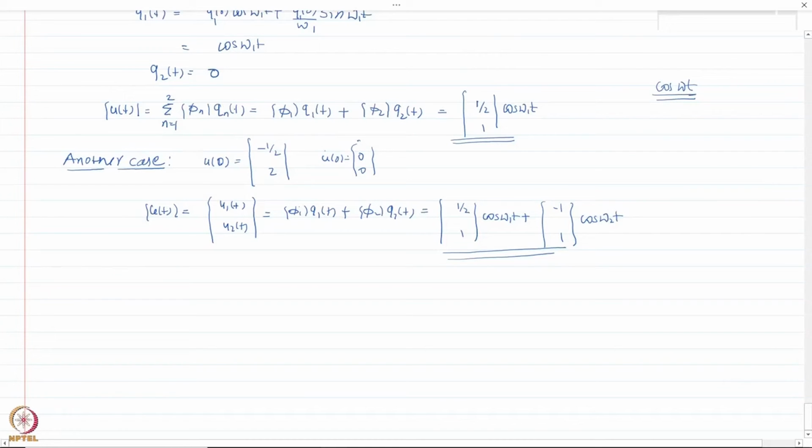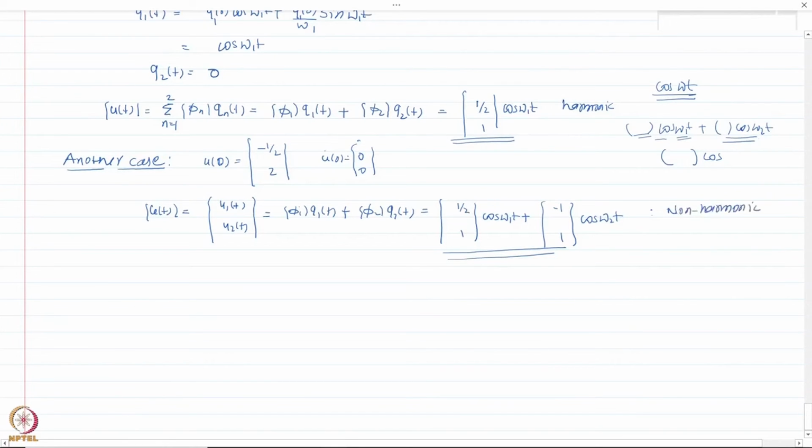However, in the second one, I have some vector times cos omega 1t plus another vector times cos omega 2t. So this is not a harmonic variation because I have two frequencies and it cannot be written as some constant times some cos or sine variation. Had omega 1 and omega 2 been equal to omega, then I could have done that, but not in this case. So in the first case the response is harmonic, whereas in the second case the response is non-harmonic.